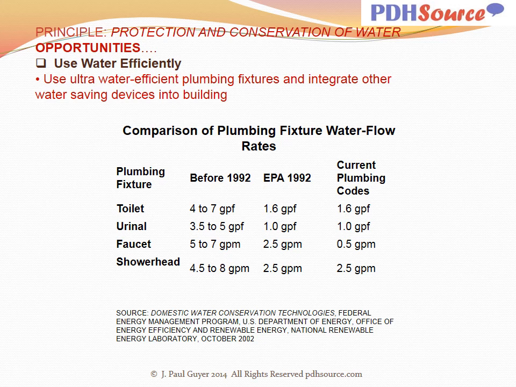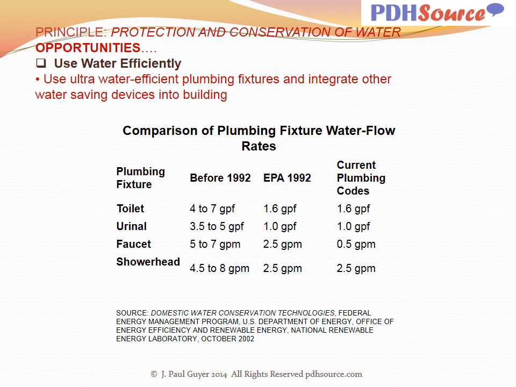Similarly dramatic improvements with things like urinals, faucets on sinks used to be 5 to 7 gallons per minute. Today, about half a gallon per minute. Shower heads used to be in the 4.5 to 8 gallons per minute, now down about 2.5 gallons per minute.